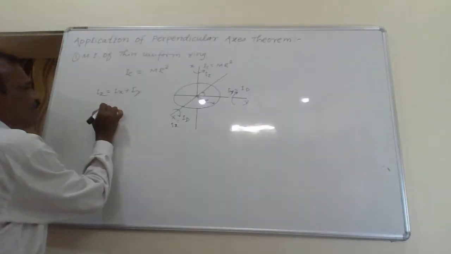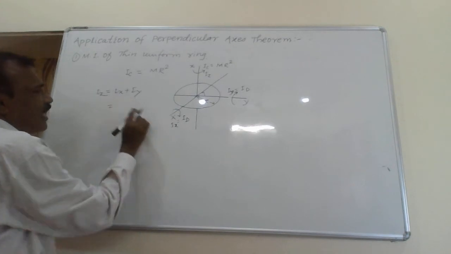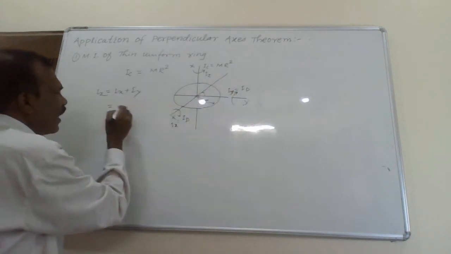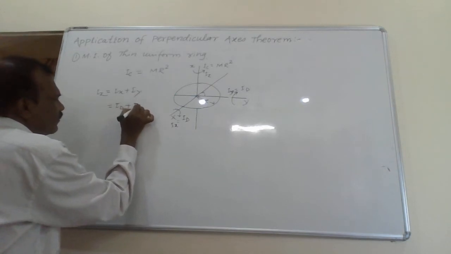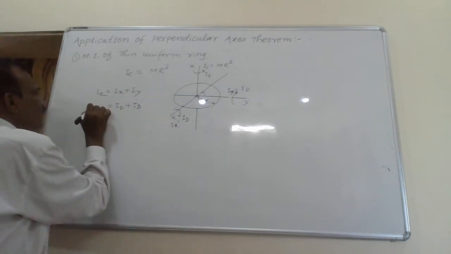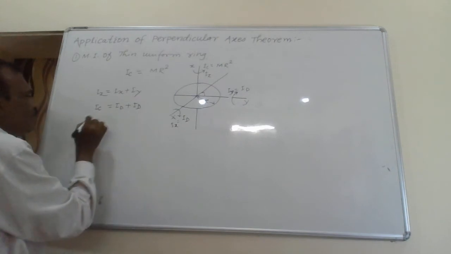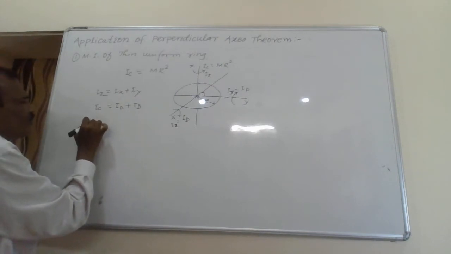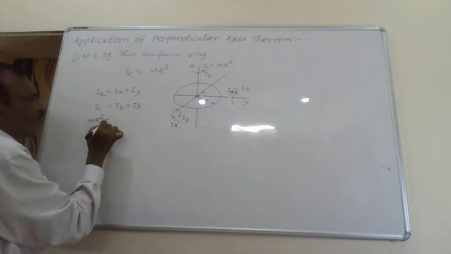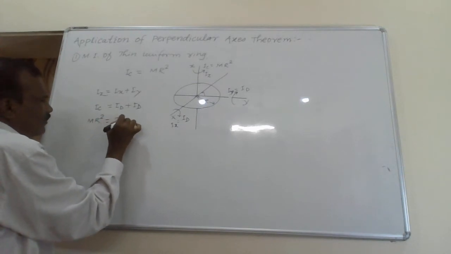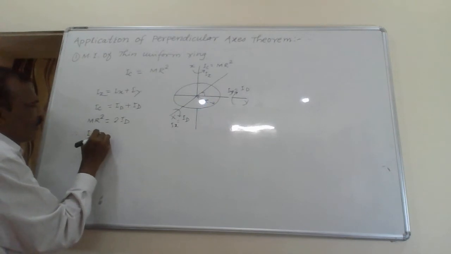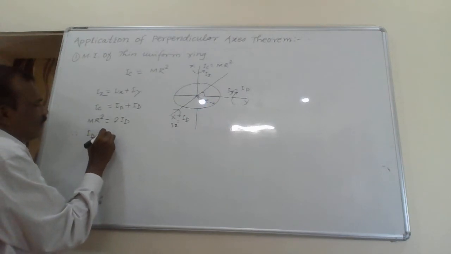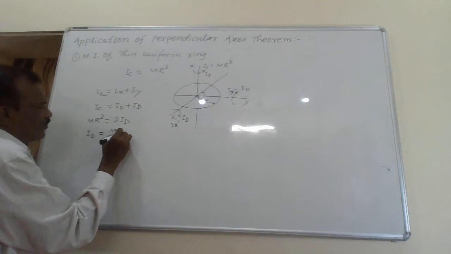Now putting in the values, Ix and Iy are equal to ID, so we can write ID plus ID, and this is nothing but IC. IC we know is mr square, which equals twice ID. Therefore ID is equal to mr square by 2.